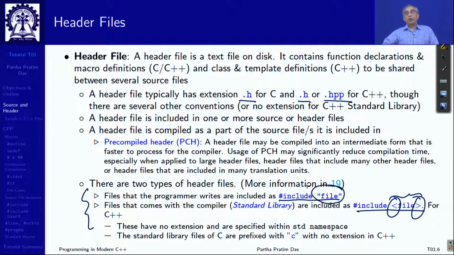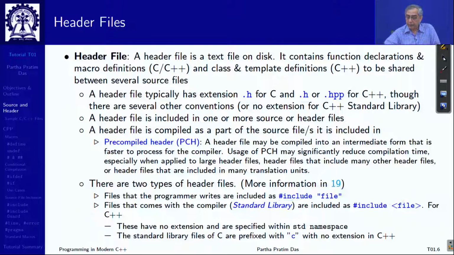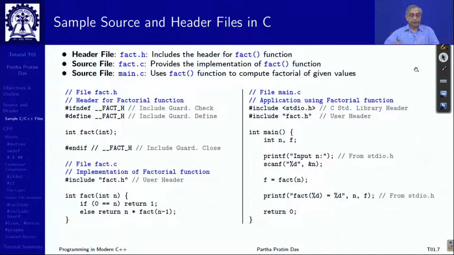For user defined header files, the system has a protocol to follow, like it will look at the current folder, or it will look at paths defined, and so on and so forth. Things vary between Linux and Windows and Mac and so on, but that is the reason you need to distinguish the header inclusion syntax.